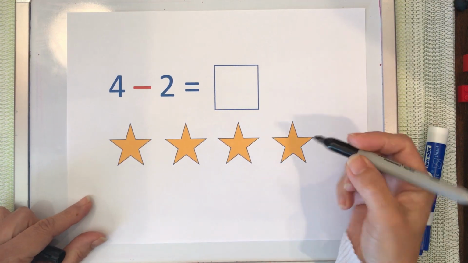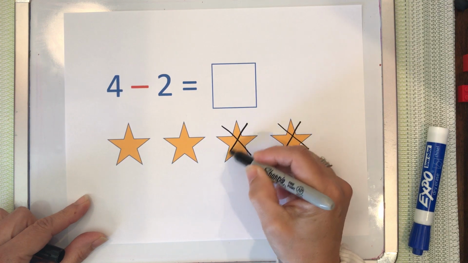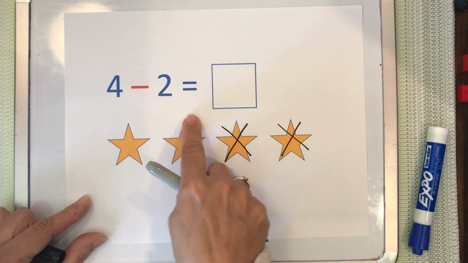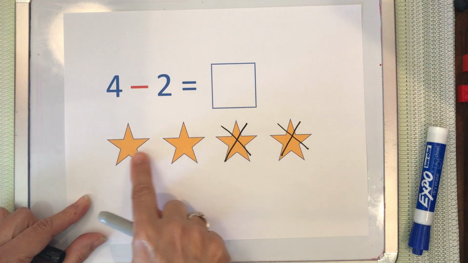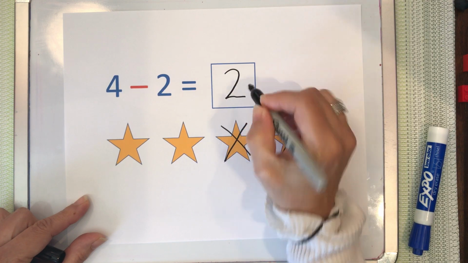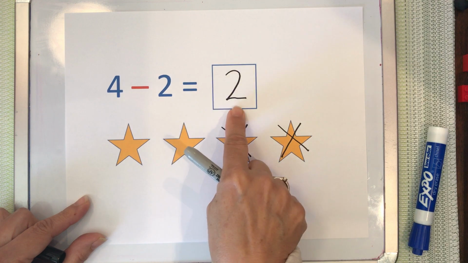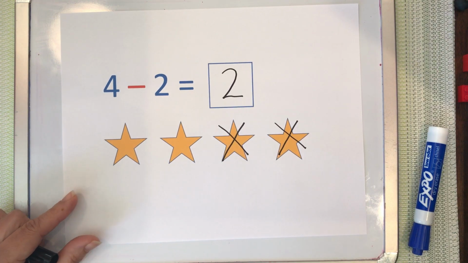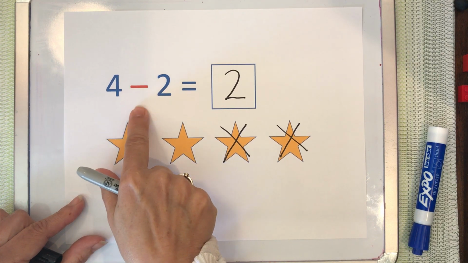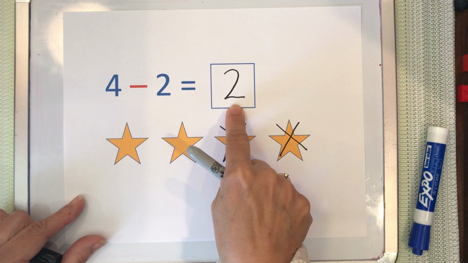Take your pencil and cross out 2. 4 minus 2 equals, what do we have left? 2. 4 minus 2 equals 2. You should try saying that with me. Let's try it again together. 4 minus 2 equals 2.